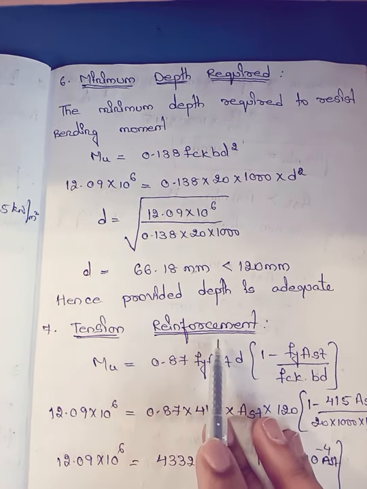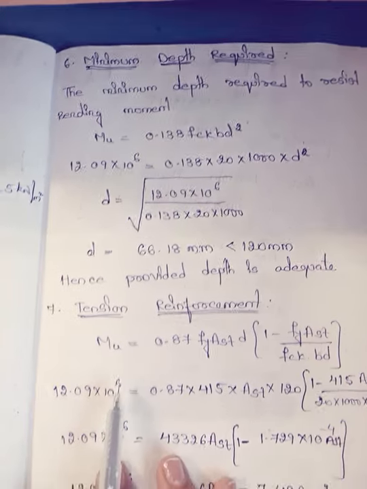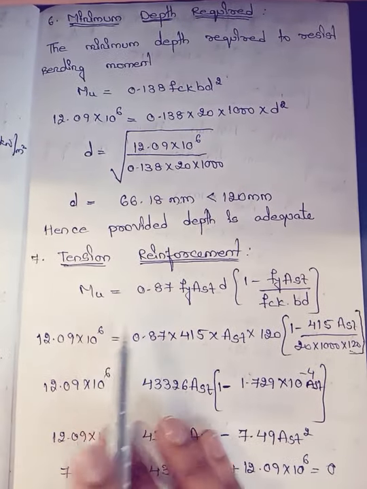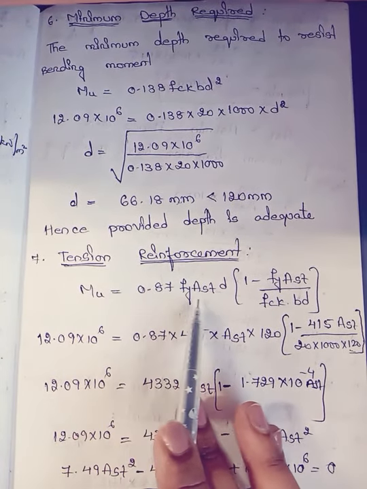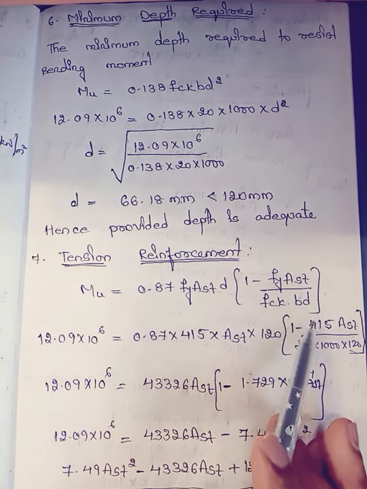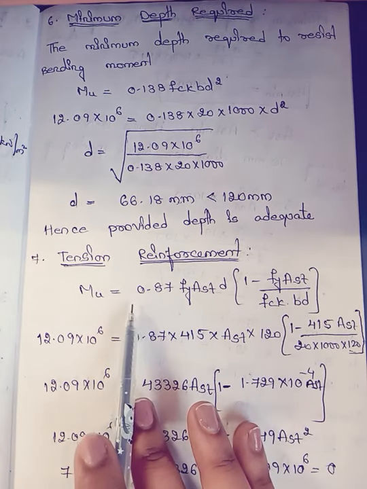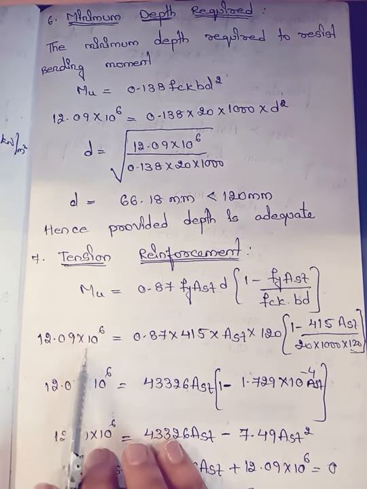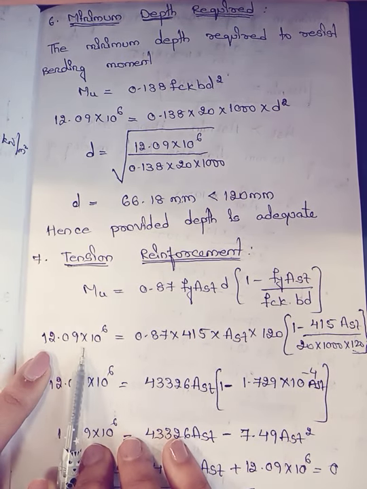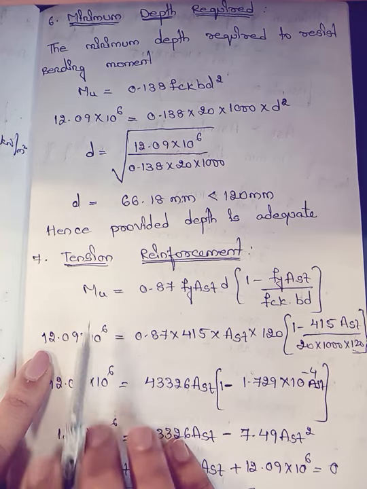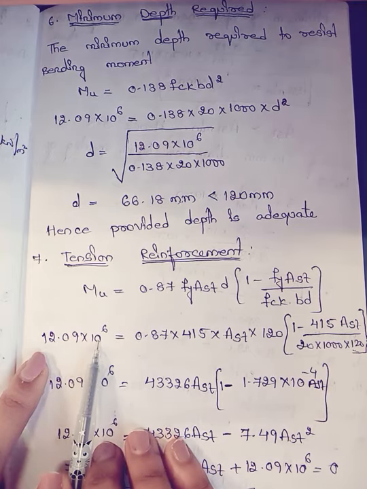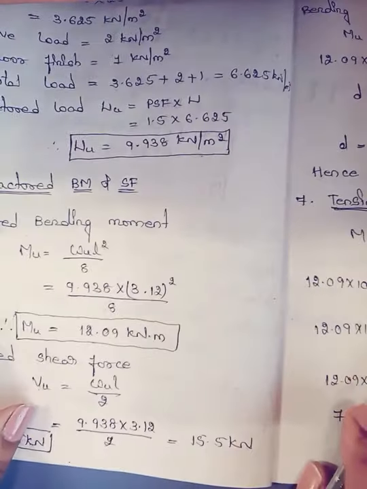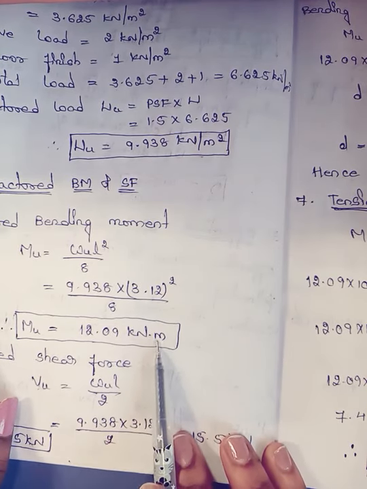So moving to the next step, that is tension reinforcement. Mu is equal to 0.87 fy Ast d into 1 minus Ast fy by fck bd. For this formula you can refer to page 96, IS 456. So substitute Mu, and be conscious about the units. Here we have written it as kilonewton meter.